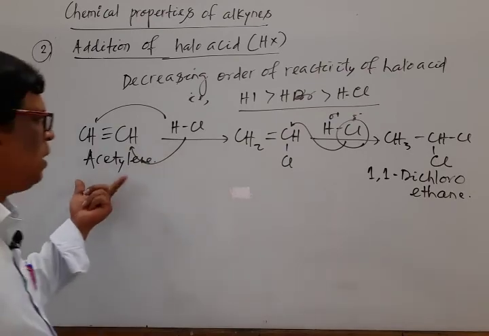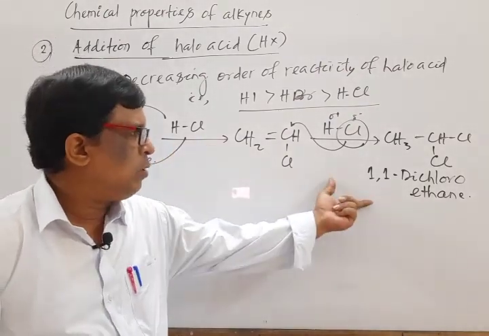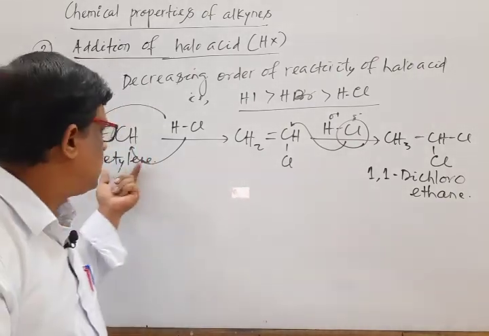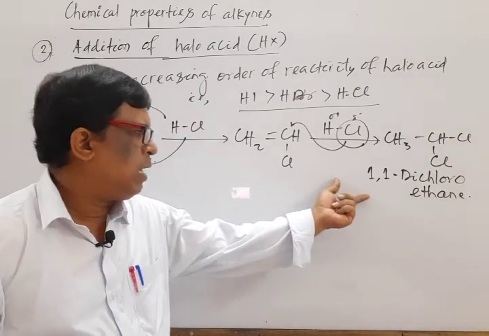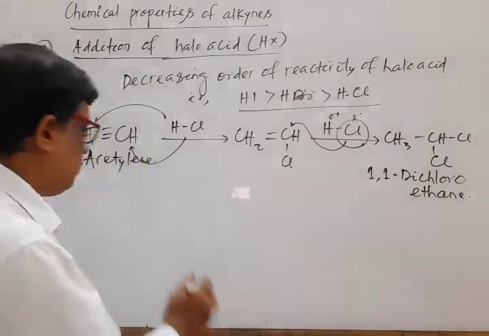So what is the statement? When acetylene reacts with halo acid, it results in the formation of dihaloalkane. For example, acetylene treated with HCl, the final product is 1,1-dichloroethane. Note down.